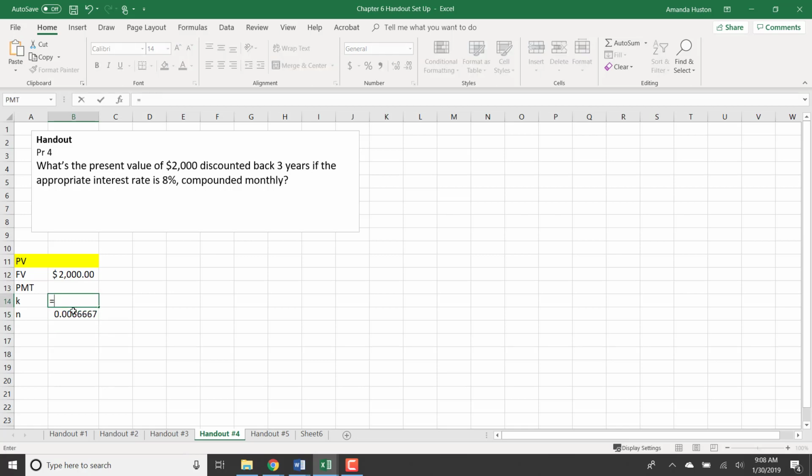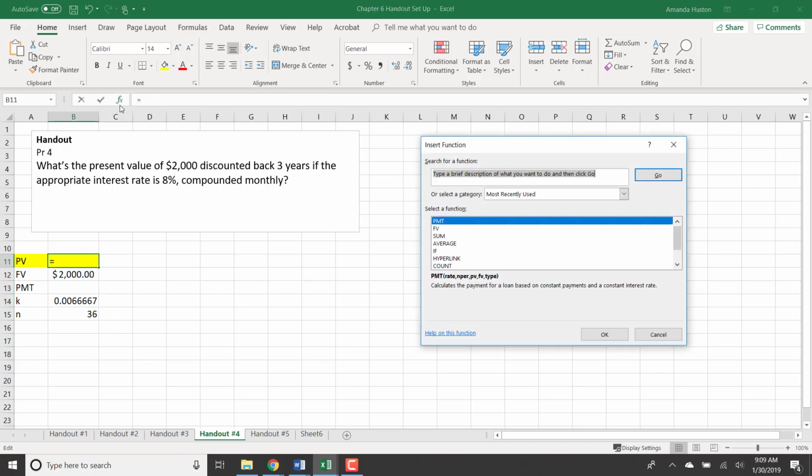So K is our rate, so it equals 8% divided by 12. And our number of years is 3 years, but we want monthly. So 3 years is 36 months. We multiply by 12. So you take the number of periods, multiply by 12, and divide the interest rate by 12 to get a monthly interest rate out of the annual.